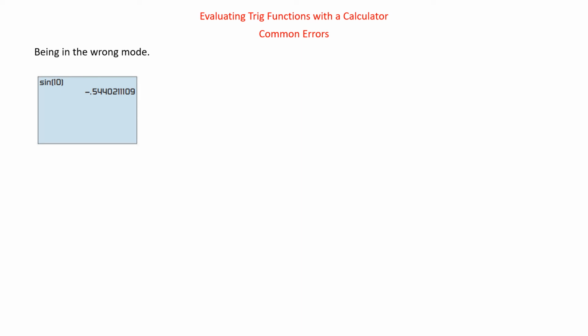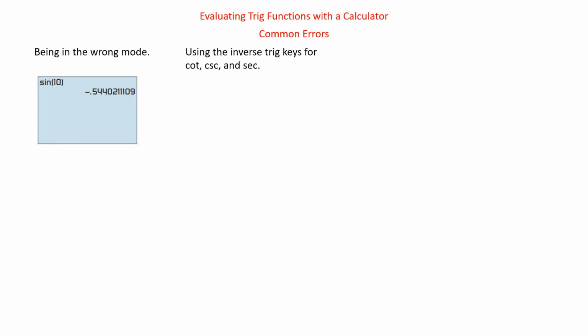This one's a negative value. And what happened here is that it was in radian mode instead of degree mode. So it was looking at 10 radians, which is all the way around the circle, and then back into the third quadrant. And so we get that. So make sure it's in the right mode. Sometimes it's in the mode menu, sometimes it's in the second. For the TIs that a lot of you have, it's in the mode menu.